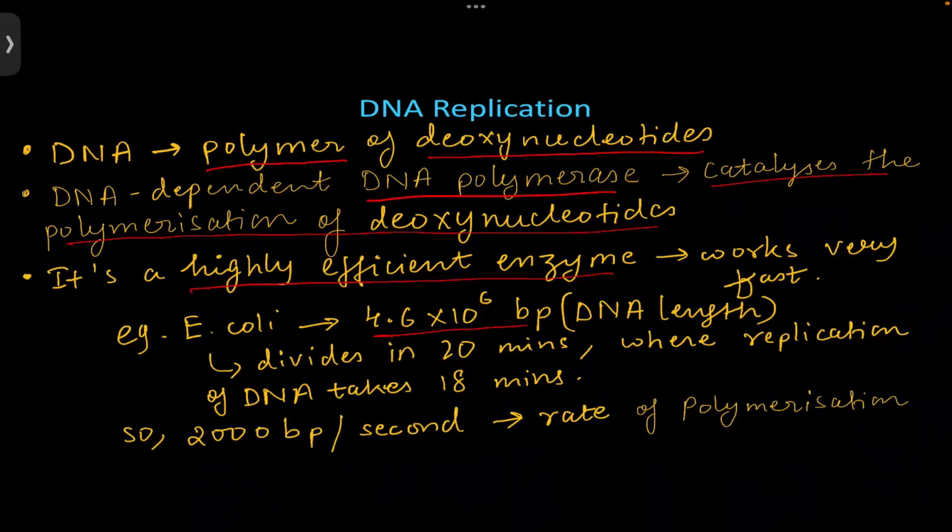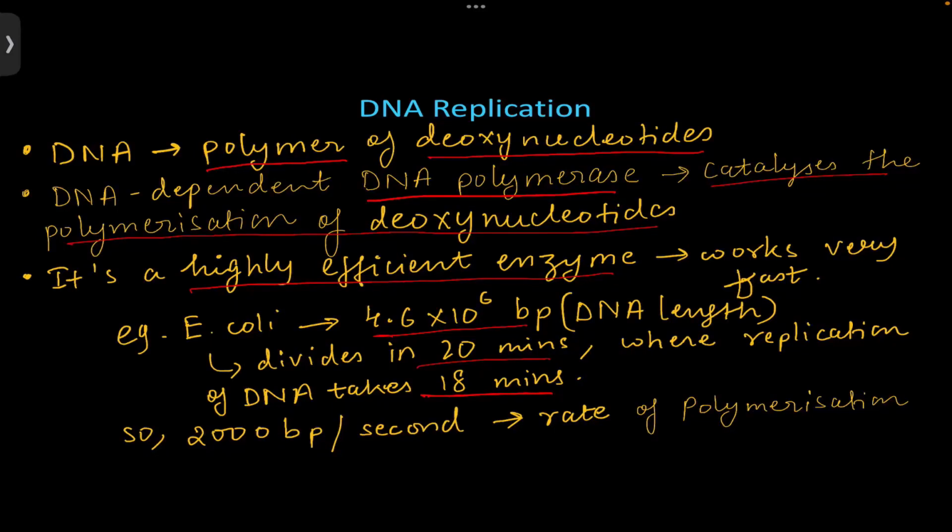And from the Meselson and Stahl experiment, we know that E. coli divides within 20 minutes. In every 20 minutes, a new generation of E. coli is formed. Within these 20 minutes, 18 minutes is only for the replication of the DNA. 18 minutes is used to replicate the entire length of the DNA.